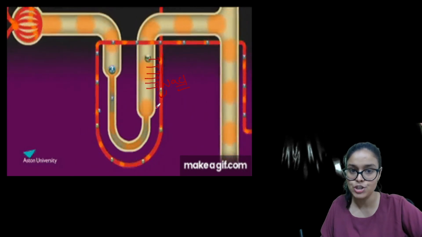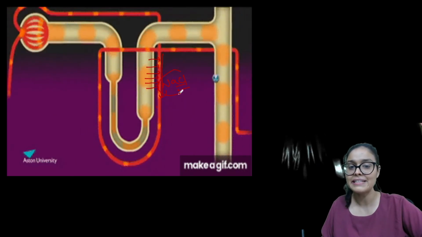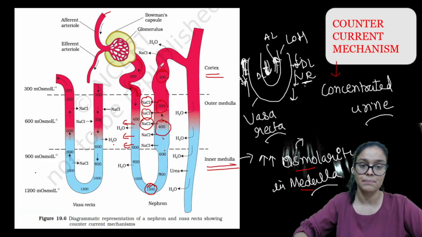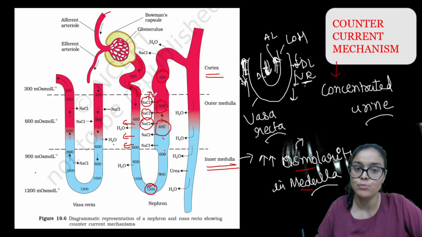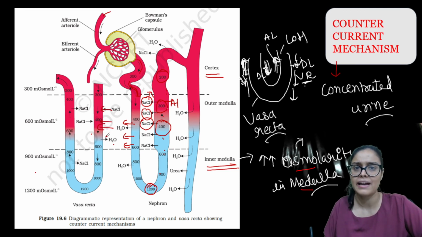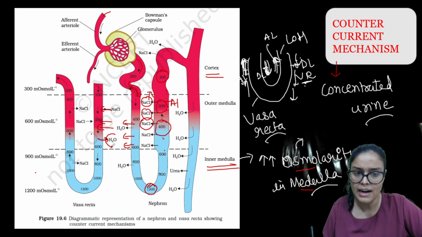It will be absorbed along with the NaCl present outside. So see in this diagram, the NaCl which is releasing from the ascending limb is absorbed by the vasa recta just to maintain osmolarity, and the blood is releasing water outside.